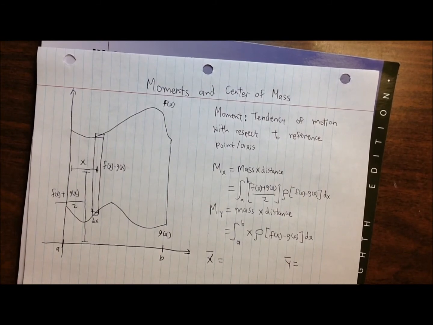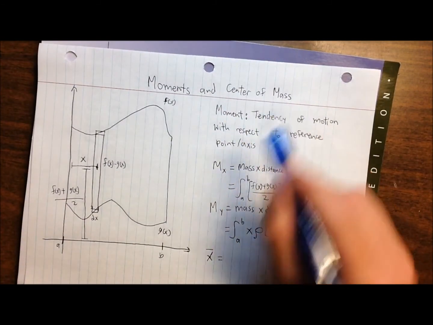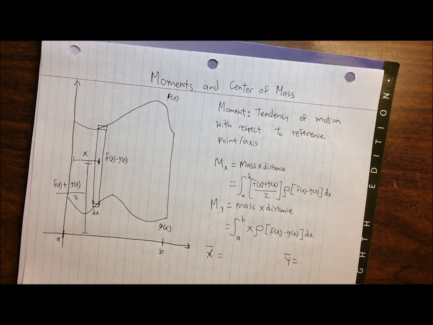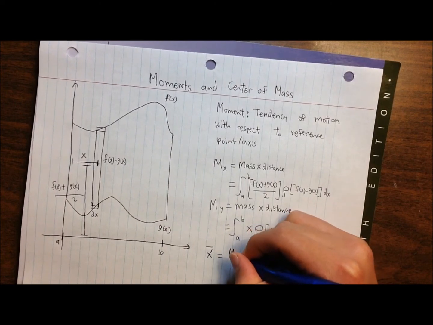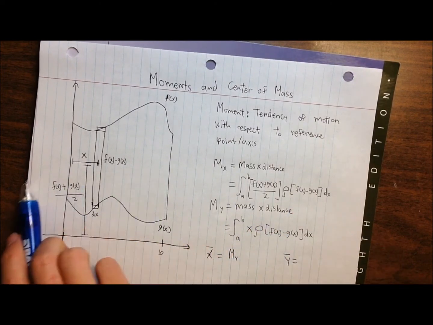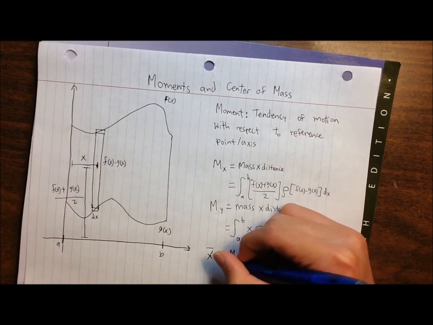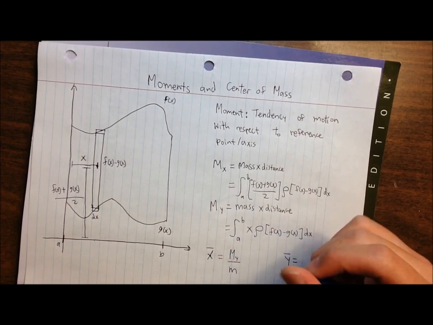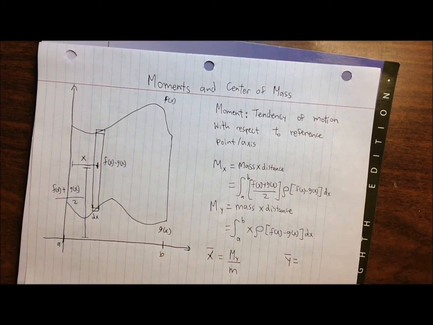Okay, now let's move on to the center of mass of laminas. Let's say we want to find the x-coordinate of the center of mass. To find that, we have to take the moment about the y-axis and divide that by the total mass of this lamina.